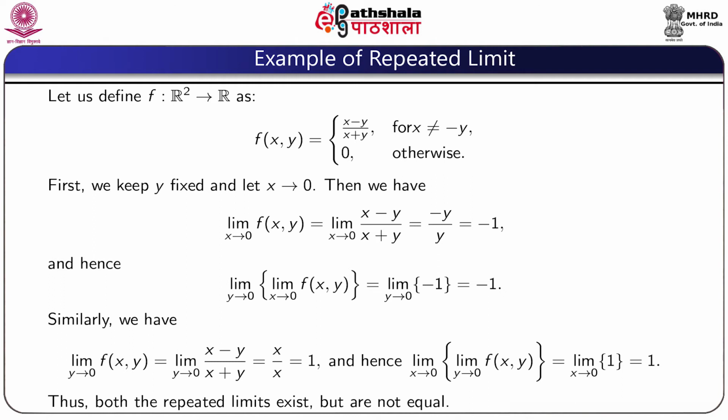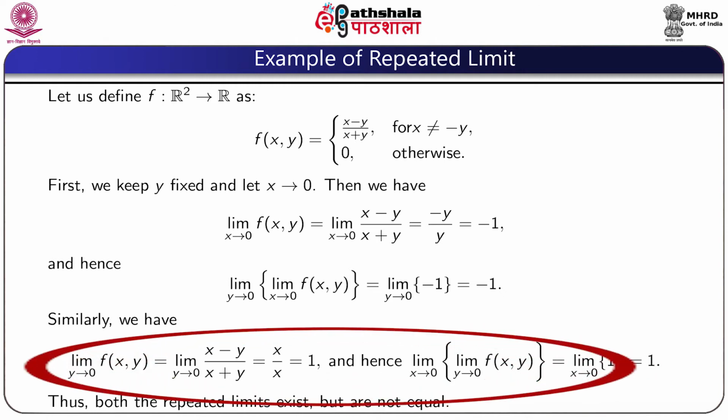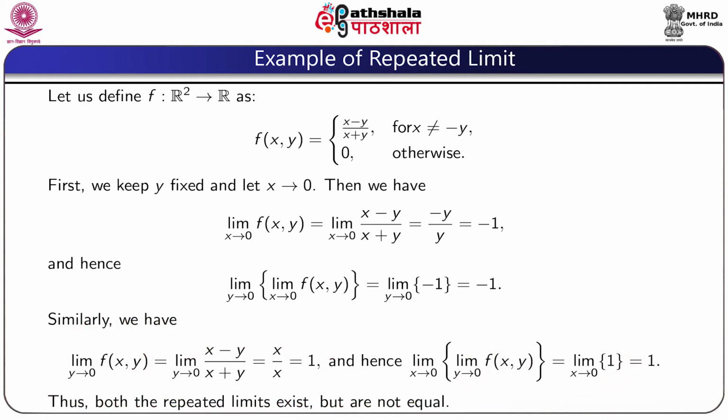Consequently, limit y tending to 0, limit x tending to 0 of f(x, y) equals minus 1. Similarly, we have limit x tending to 0, limit y tending to 0 of f(x, y) equals 1. This example shows that both the repeated limits exist but may be unequal.